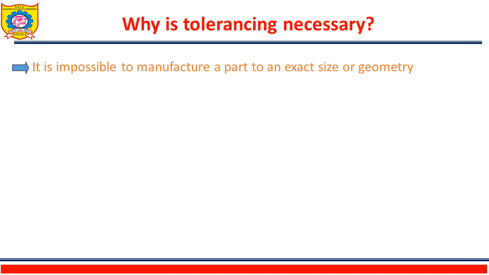If the dimensions are to be maintained within a very close degree of accuracy, then a lot of time will be consumed on it. So there arises a need of mentioning some system within which the components need to be manufactured. Functional aspects of a component can be achieved even without going for exact dimensions.